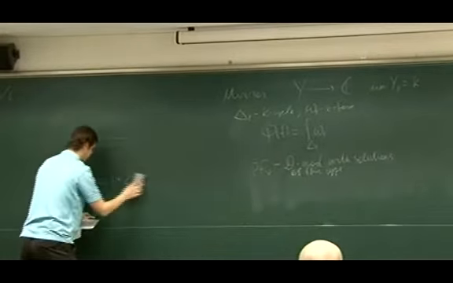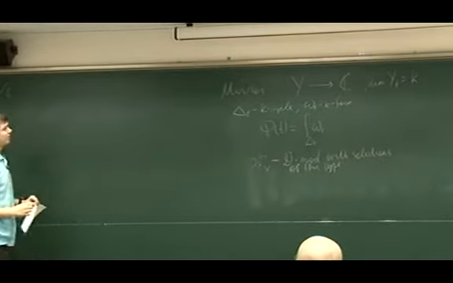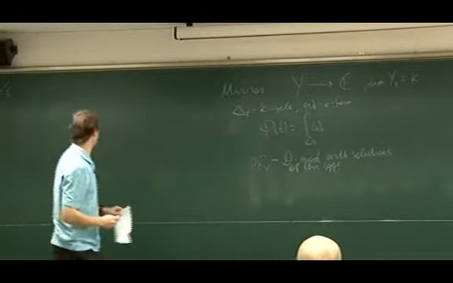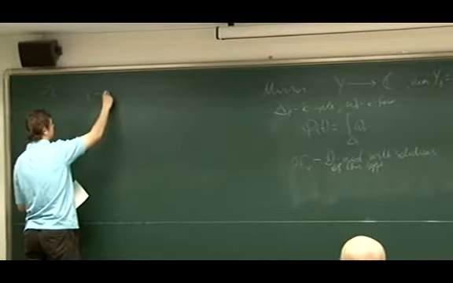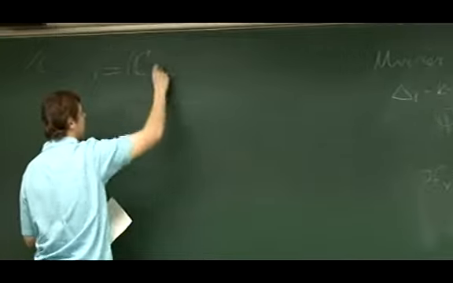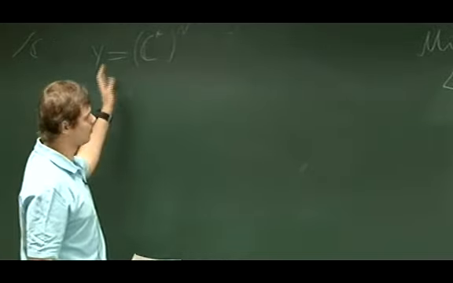And the best way known to me is the following. Assume that Y is just a complex torus of dimension n.